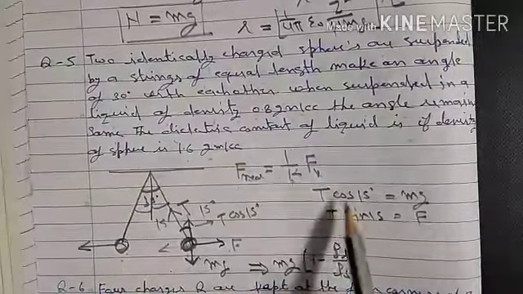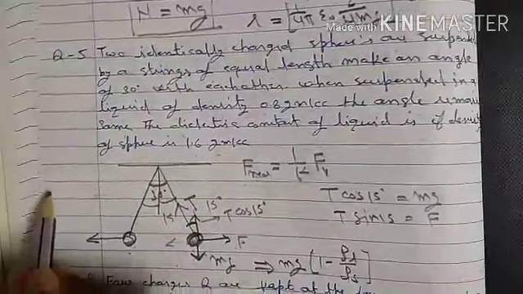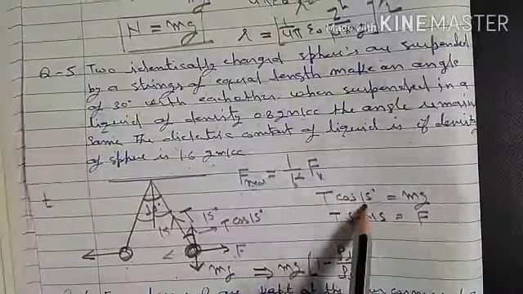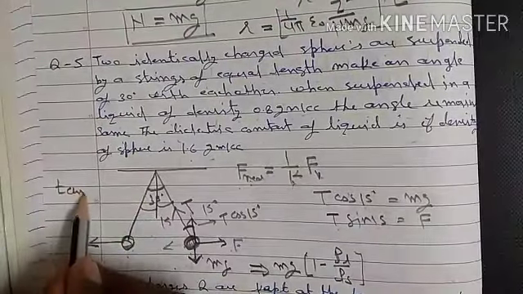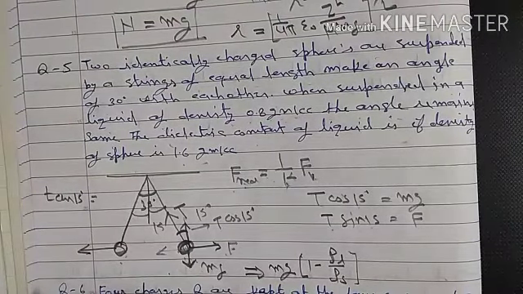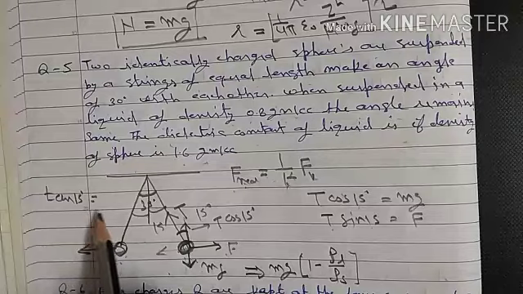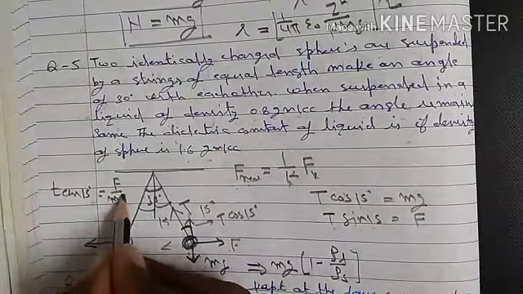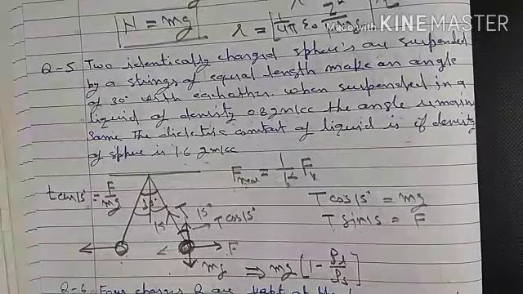After dividing these two relations, we will get T sin 15 divided by T cos 15, tan 15 degree is equal to F by mg.